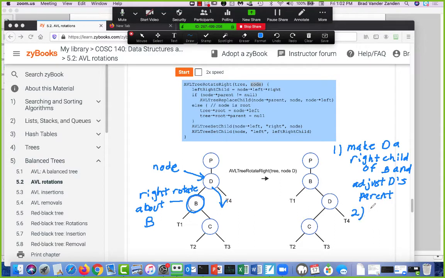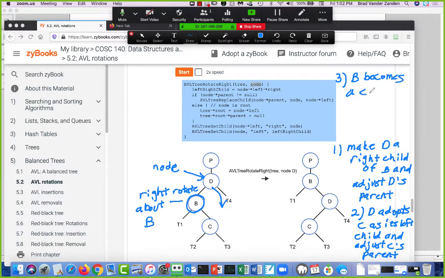Two, D adopts C as its left child, and adjust the parent for C. And the final thing, three, B becomes a child of P, and adjust B's parent.